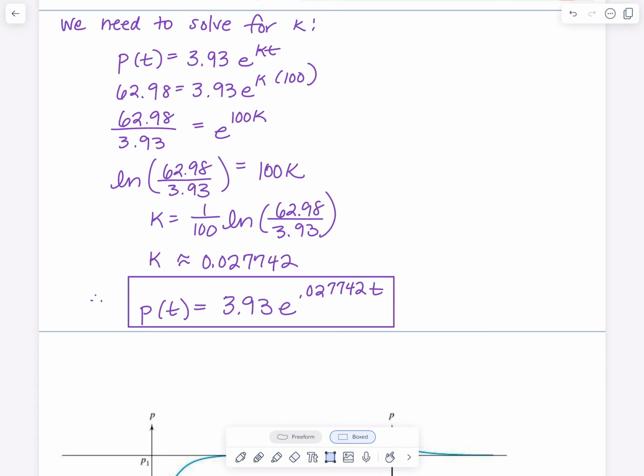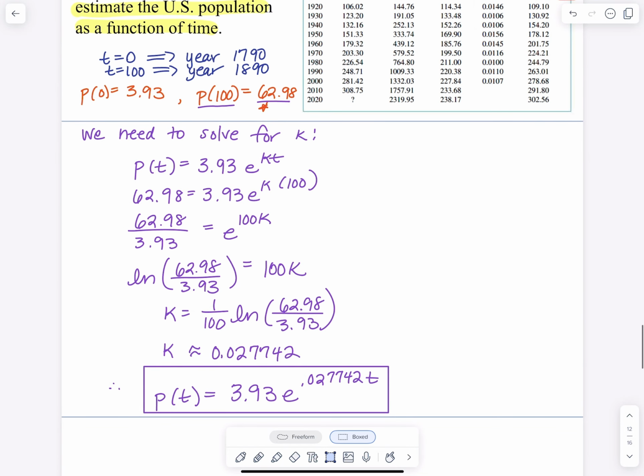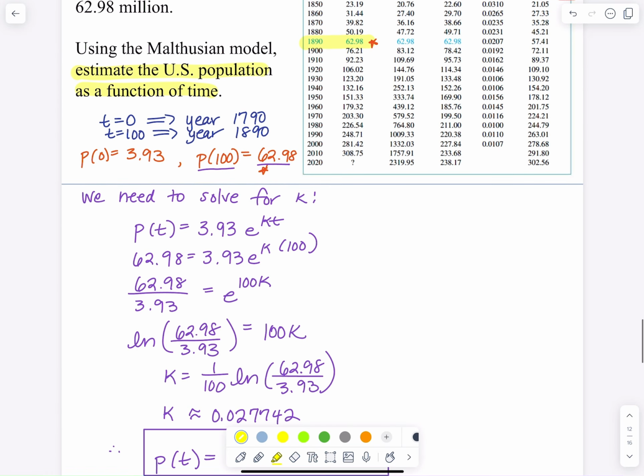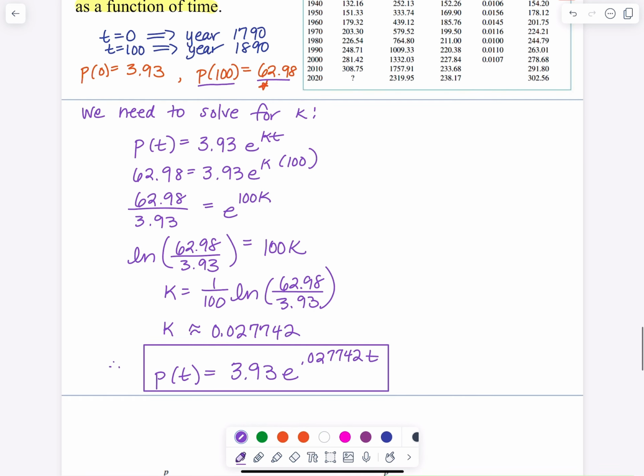Now, this model is pretty good up until about 1900. Once you get close to around 1900, this model doesn't take into account some logical factors.